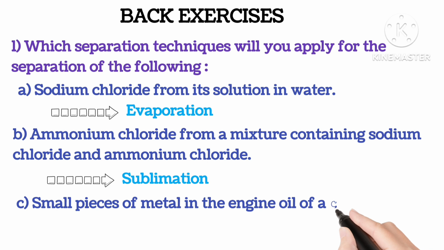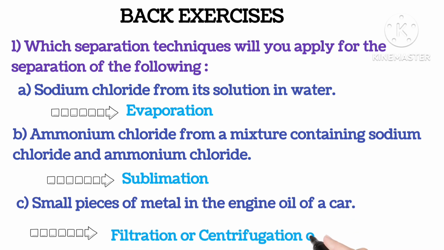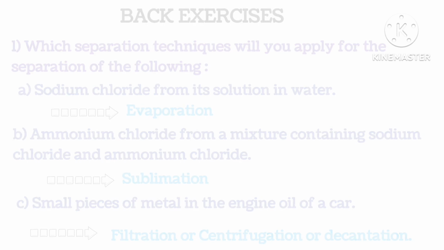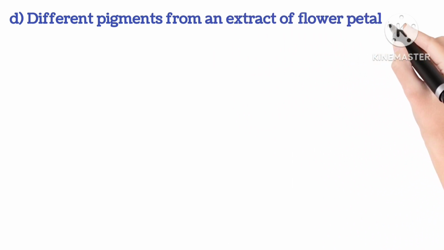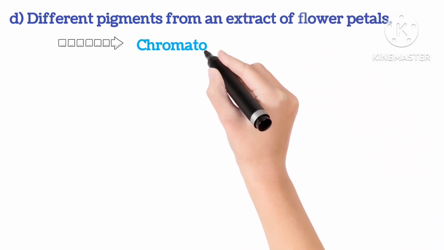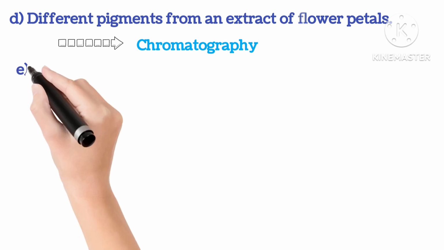Separation of small pieces of metal in engine oil of a car, the technique is filtration, centrifugation, or decantation. For separating different pigments from an extract of flower petal, the process is chromatography.